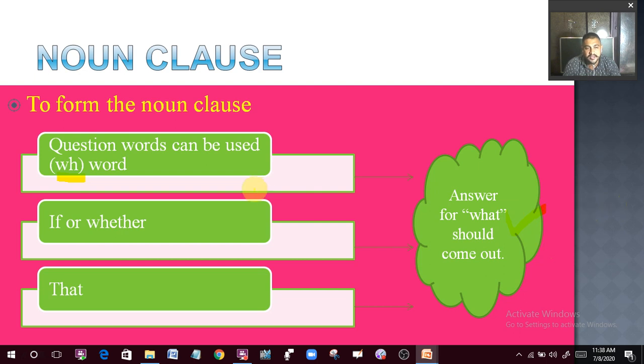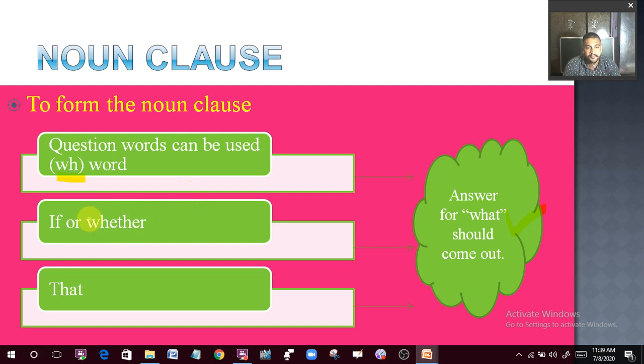That's a very important point, because when we get the answer of what in the clause form, your principal clause will ask a question at last, like what's going to happen. For that you will get the answer in the form of what. Then definitely with the examples you will learn better than this.